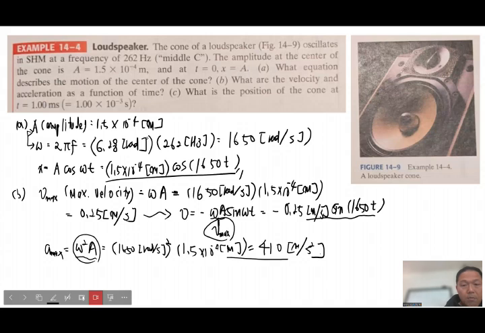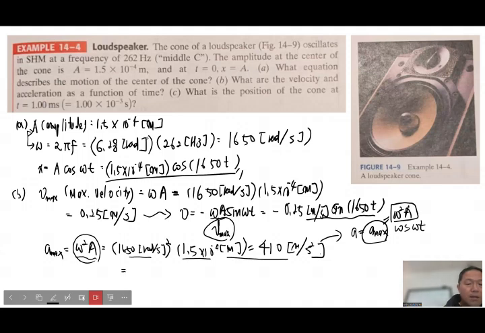So now if you plug this number into the equation of acceleration from the simple harmonic oscillator, that should be maximum acceleration times cosine omega t. Here, the maximum acceleration is defined by omega squared times A. We already derived the answer of omega squared A, so we just need to plug that number into this formula.